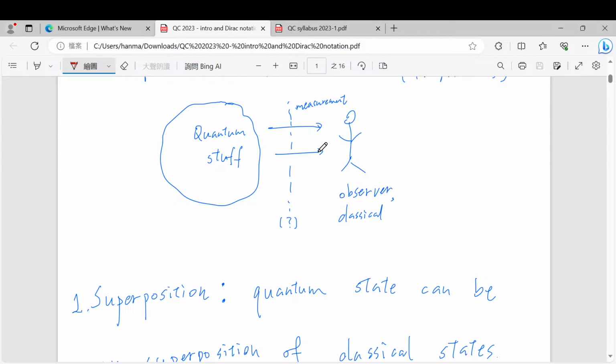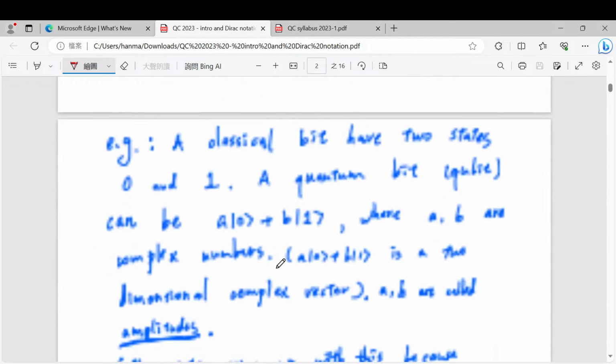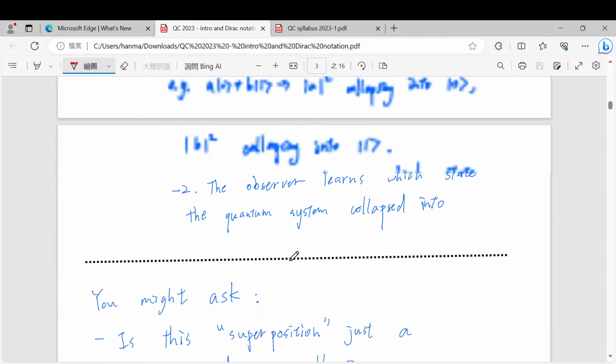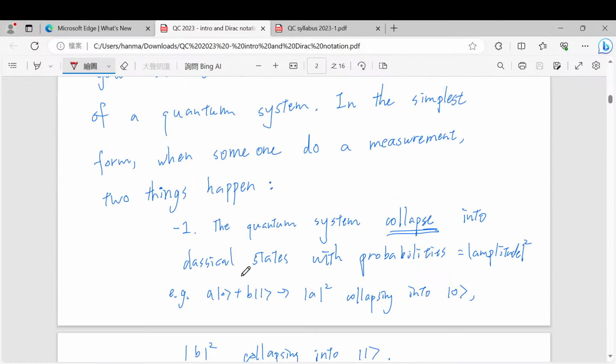You can measure your height, and you will know your height. You can measure your weight, you will know your weight. But in quantum mechanics, the different thing is that when you do a measurement, you also change the quantum system. The quantum system will collapse into a classical state with probability equal to the amplitude squared.